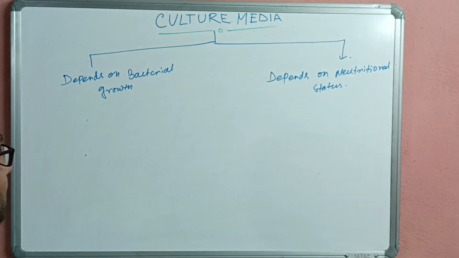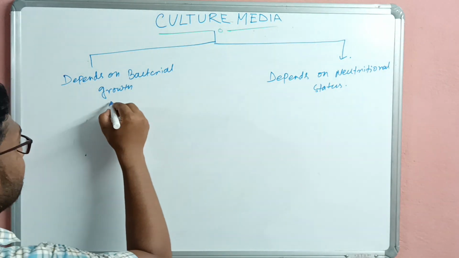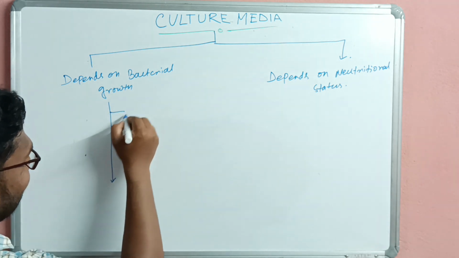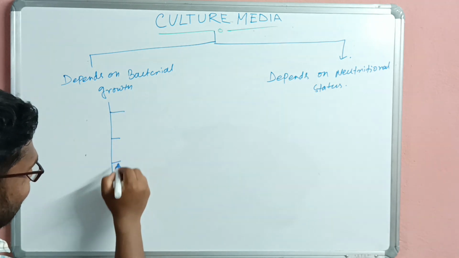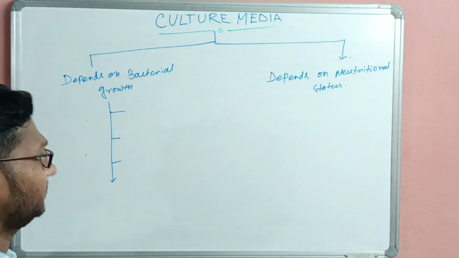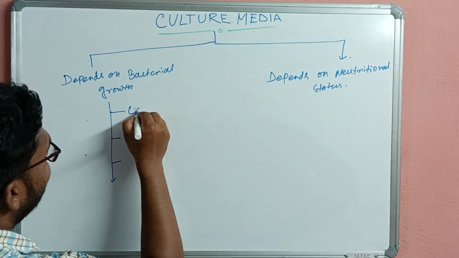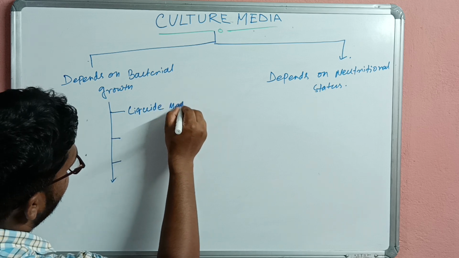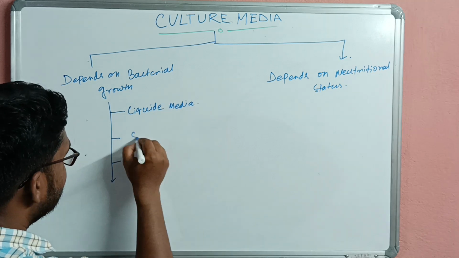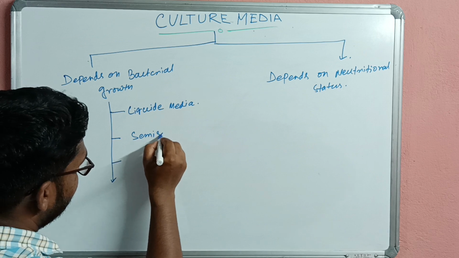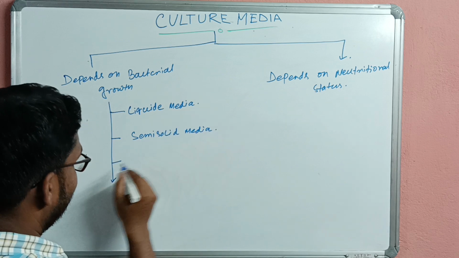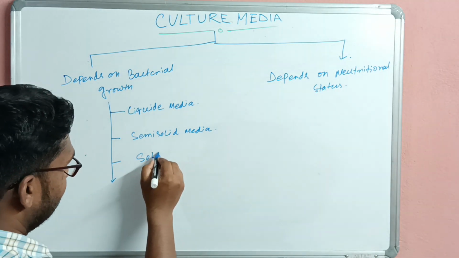Depending on bacterial growth, we generally divide media into three major types: liquid media, semi-solid media, and solid media.